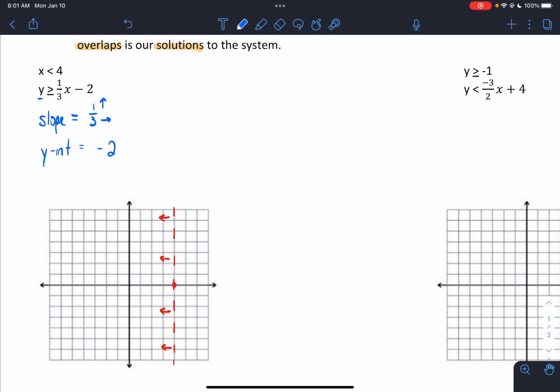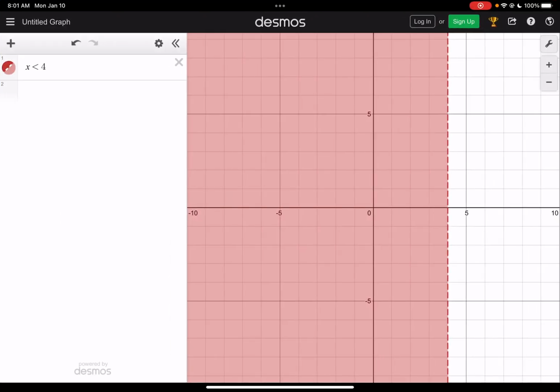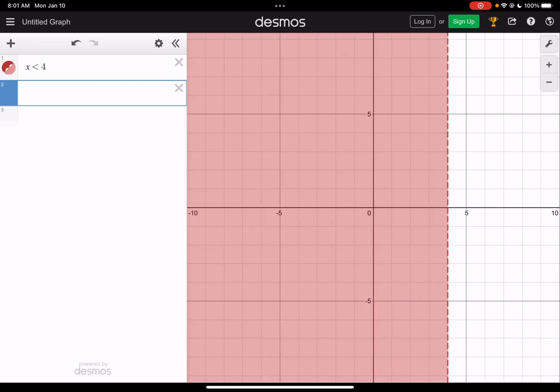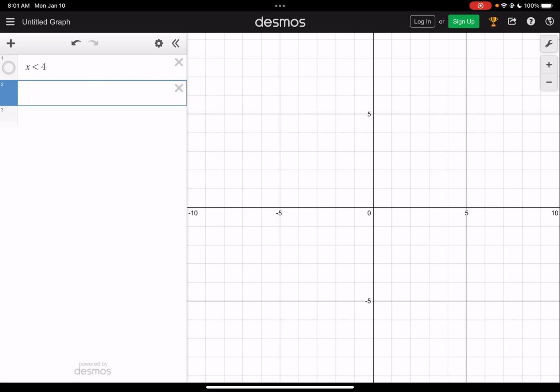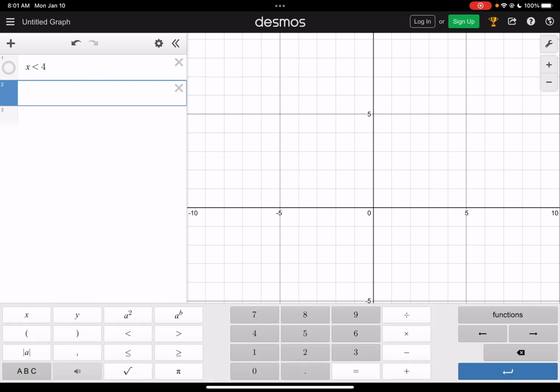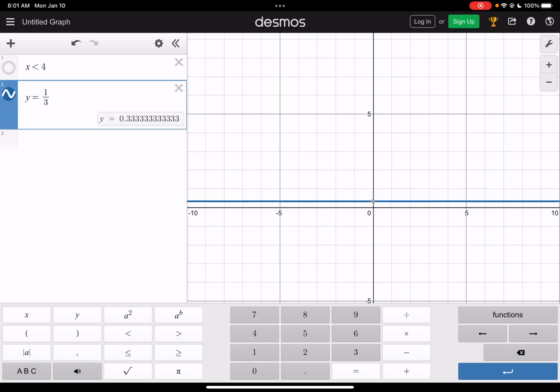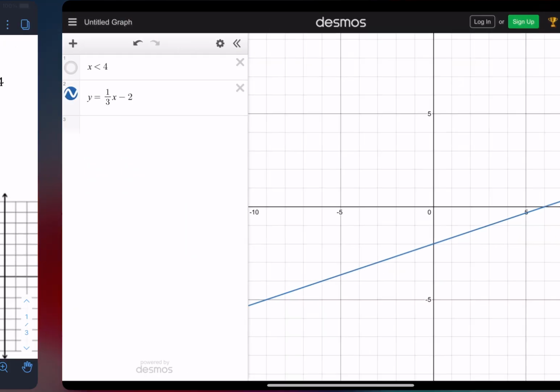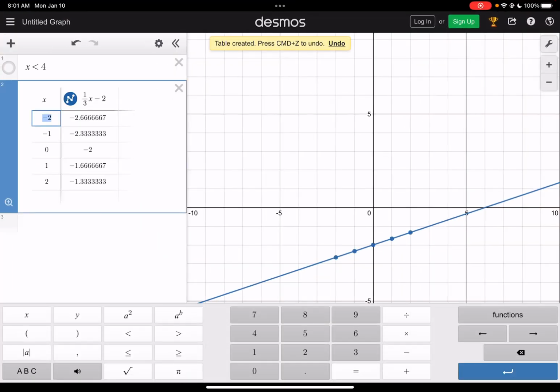Again, I can graph that as an equation first. And actually, the way I like to do this is if you click this little circle here on the left-hand side, you can turn off an equation. So I can have just one at a time. So I'm going y is equal to 1/3 x minus 2. I think that was the equation. Yep. And again, I can always go to my table.